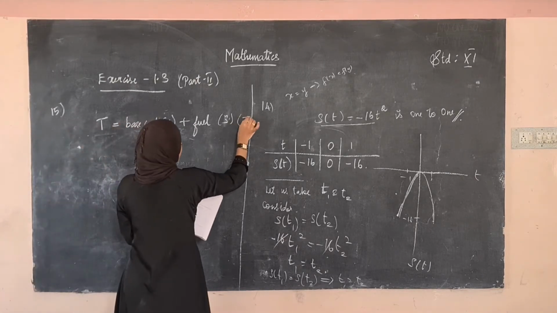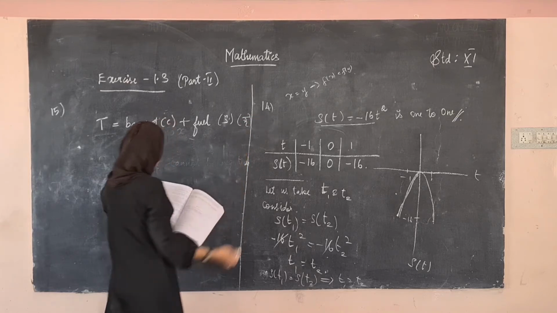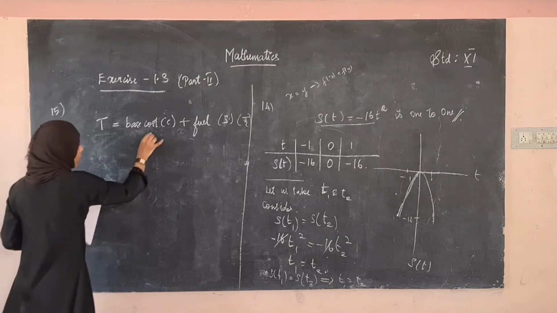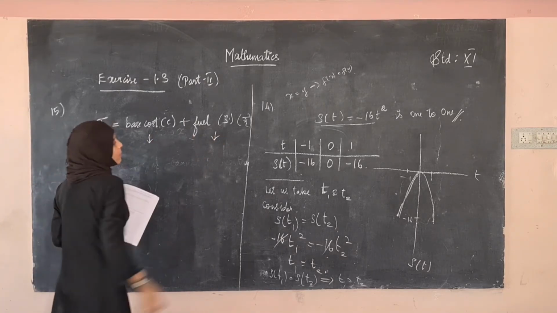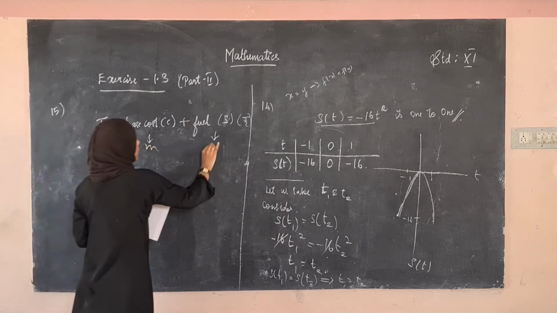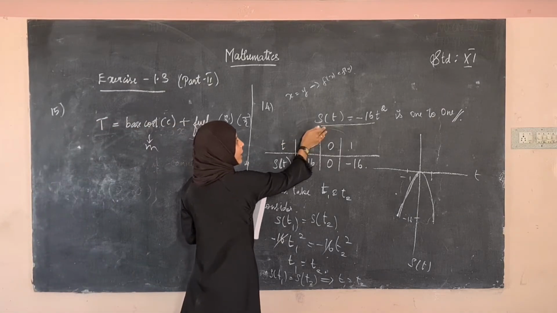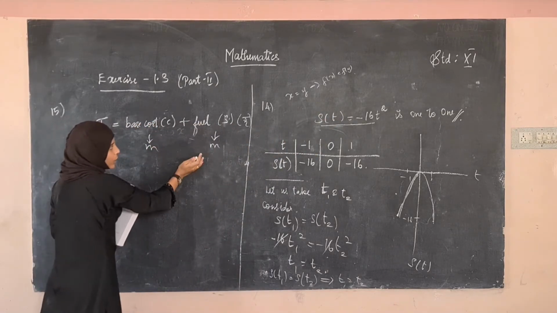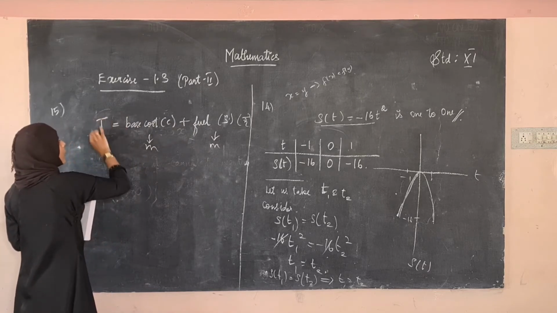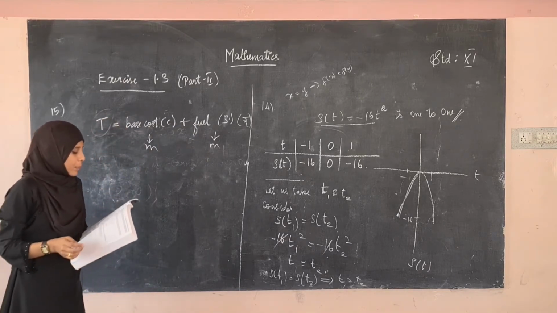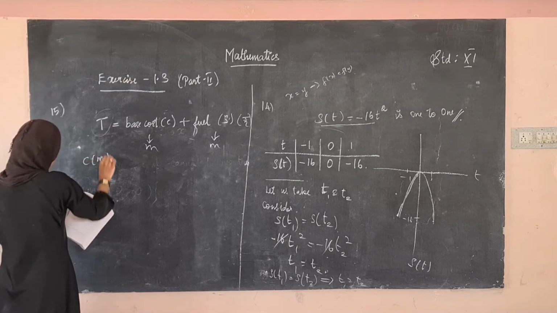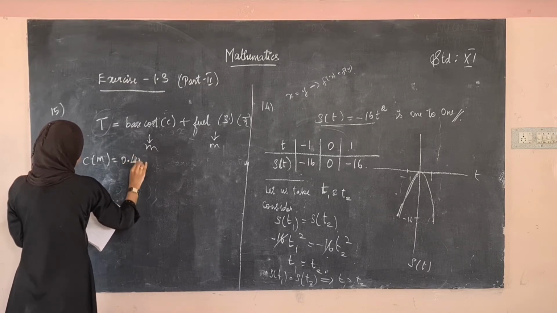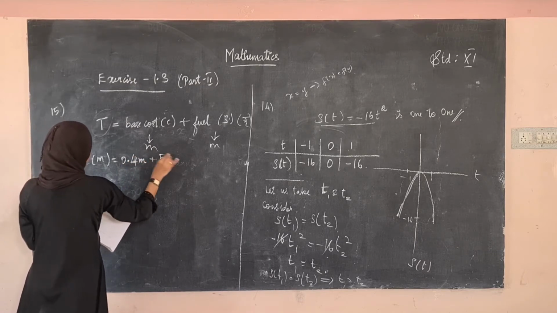The main thing is they have given it in rupees. And see here, both C and S are functions of the mileage. This is a function of the mileage, and this is also a function of the mileage M. We are going to add these functions to get the total cost T. They have given that C of M, the base cost function, is 0.4 M plus 50.